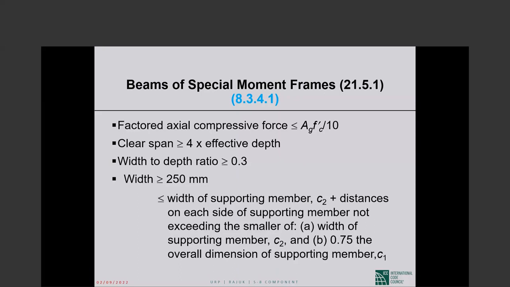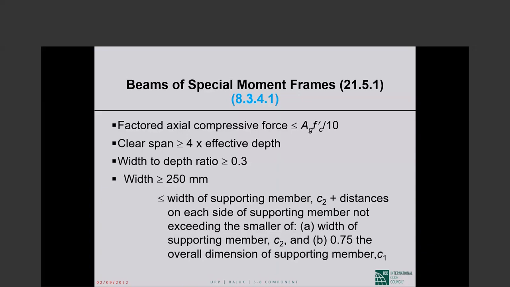Clear span larger than or equal to 4 times effective depth. The so-called slenderness ratio, whatever it is called, the span to depth ratio shall be larger than or equal to 4. So that means deep beams cannot be part of the seismic force resisting system in Design Category D. Okay, so span to depth ratio at least 4, clear span to effective depth.